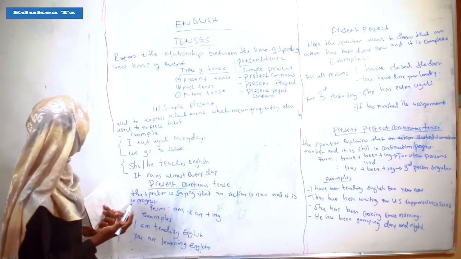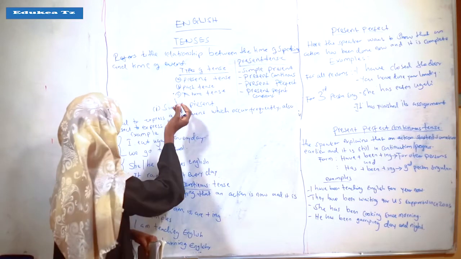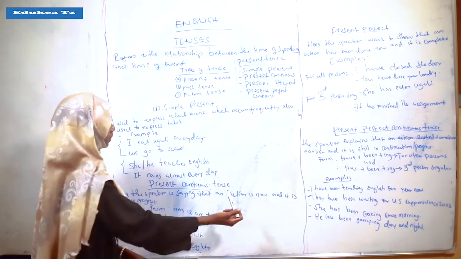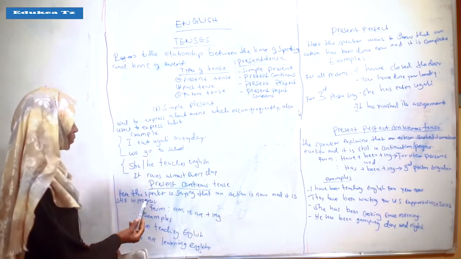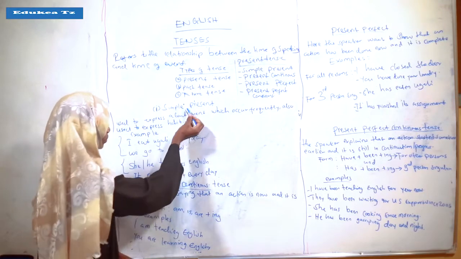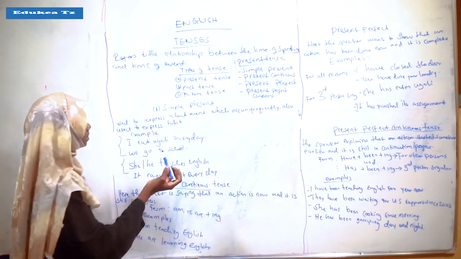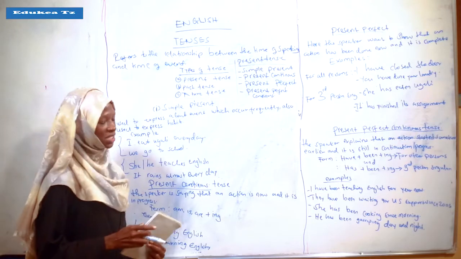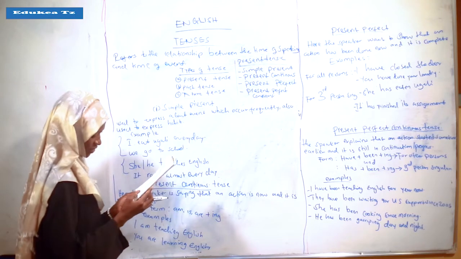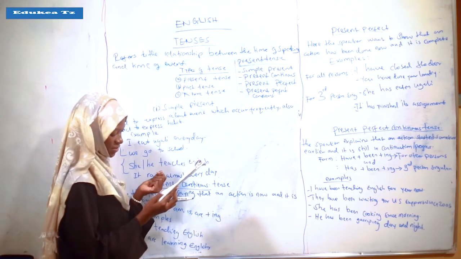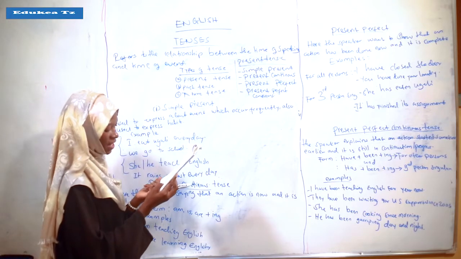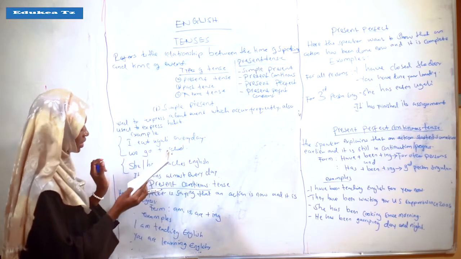There is a group which argues that there are three types: present tense, past tense, and future tense. Another group argues that there are only two types, ignoring the future because the verb does not change its shape. Also, the last group supports that there are 12 tenses in language.